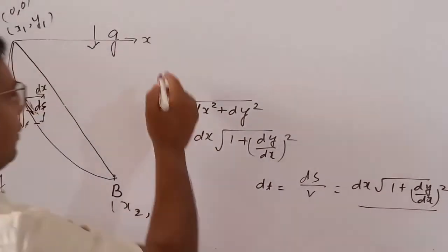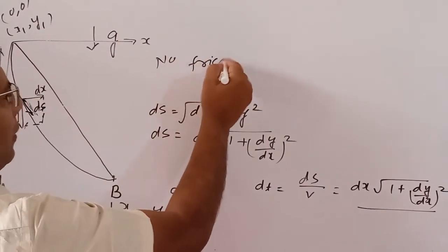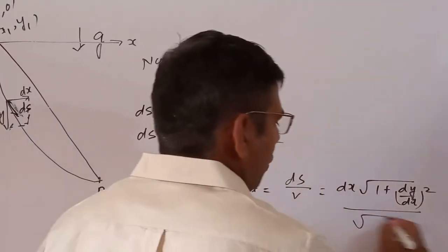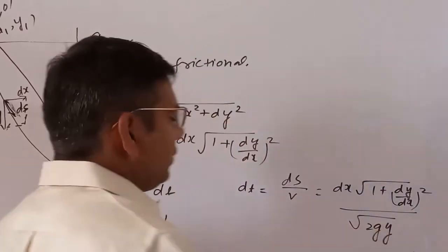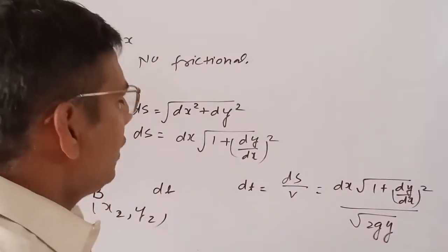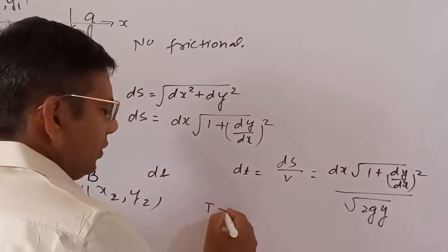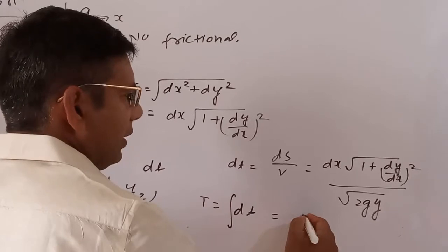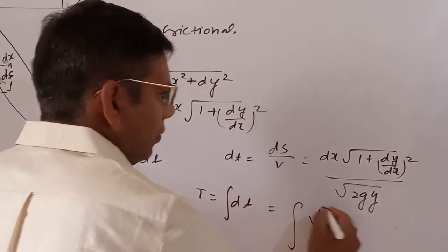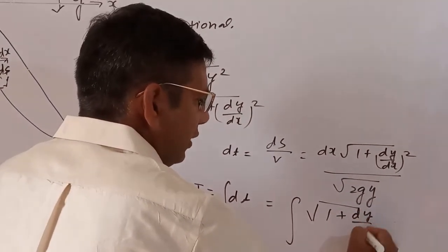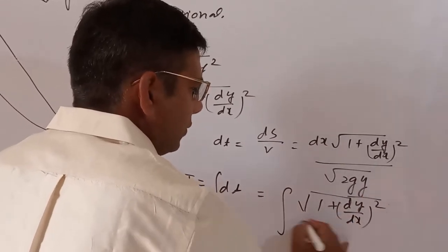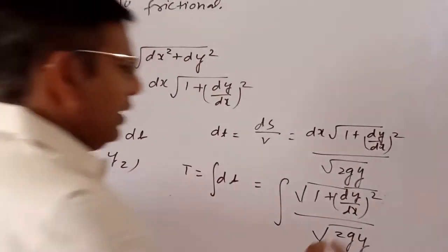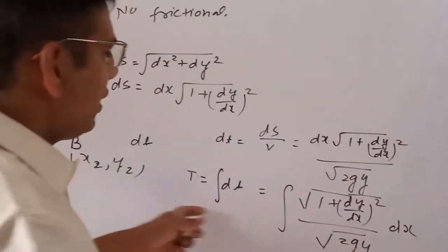No friction, no dissipation. So v is the square root of 2gy. This is very easy, we know it. This is dt. So how do we find the total time? T is the integral of dt, so it will be the integral of the square root of 1 plus (dy/dx) squared, divided by the square root of 2gy, dx. So this is the total time taken.